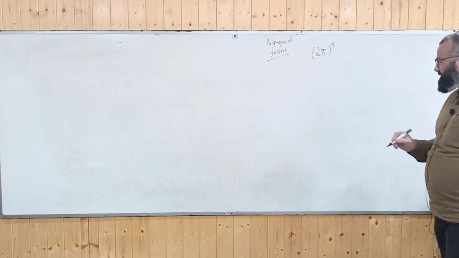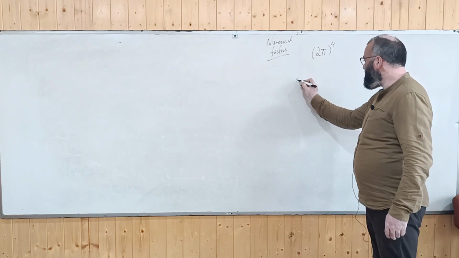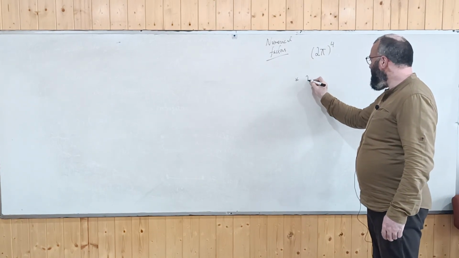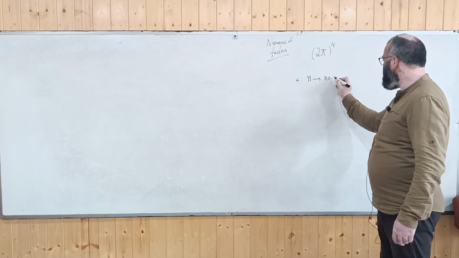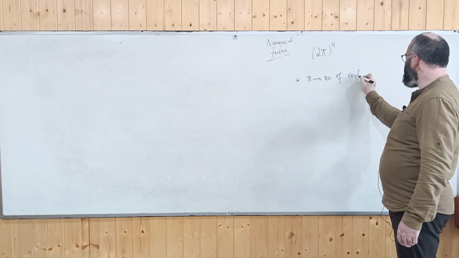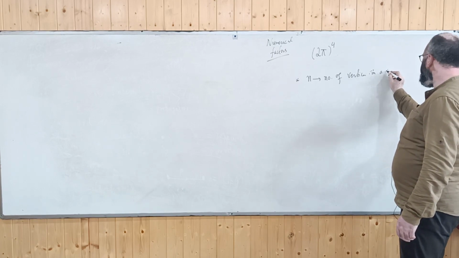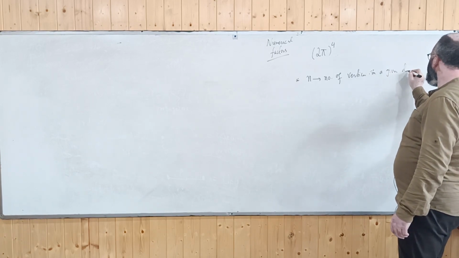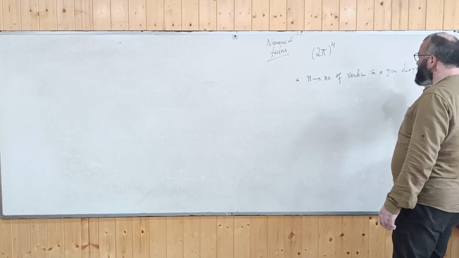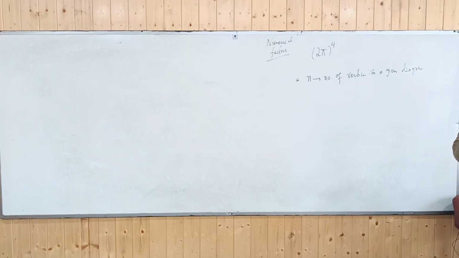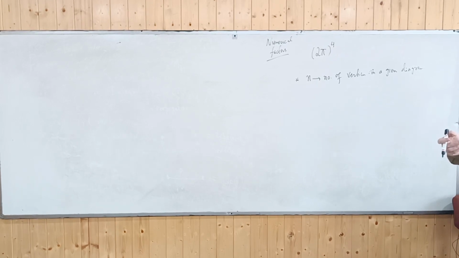Okay, so let's count. Let's say n is the number of vertices in a given diagram. So that means at each vertex what you are getting? A delta function.